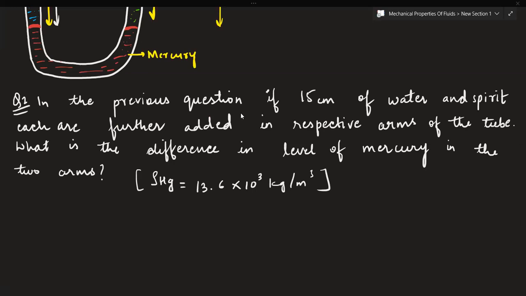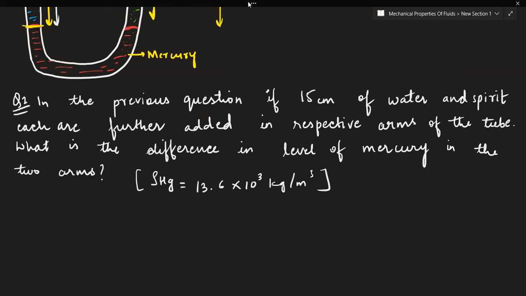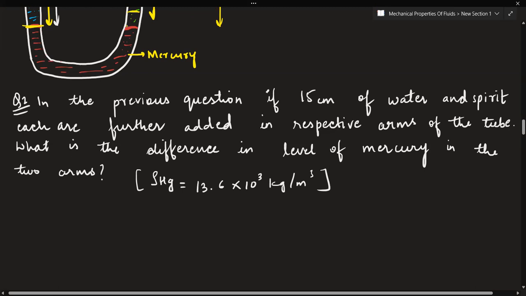See, now we have taken a point, let's say over here. Now mercury must have risen up till this point also. Let's consider a neutral point, PA and PB. Since the height is same, the pressure would be same. You must have done this way only in the previous question. You must have taken the pressure equal on both the sides. That's how you have got 0.8. Yes. So similar to that only.